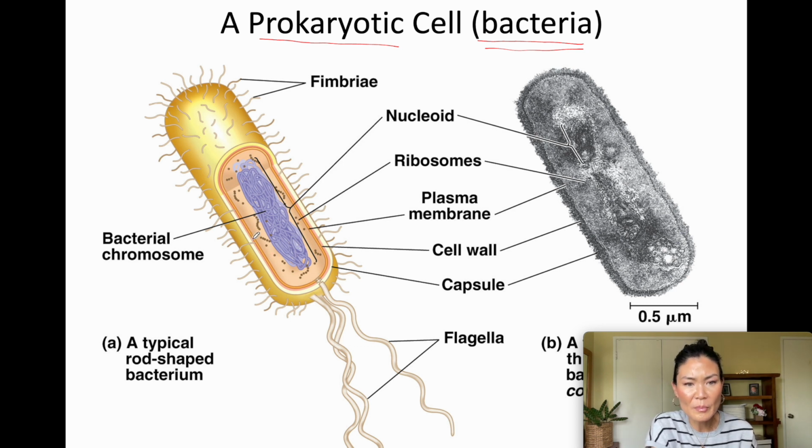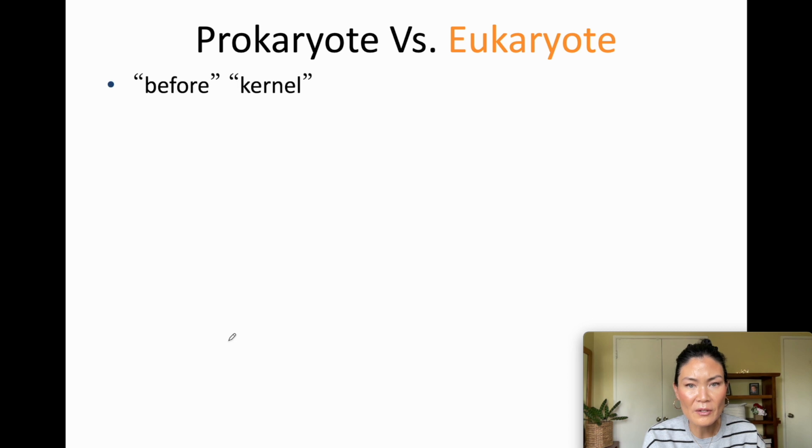Very simple. Oh, and I forgot to mention, they do have something that we have in our cells, which are ribosomes. Those ribosomes are going to synthesize, make proteins. So that's the structure of a prokaryotic cell.